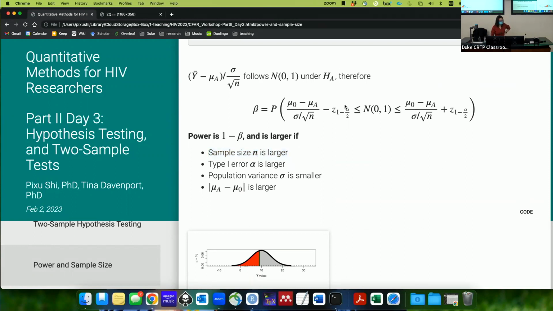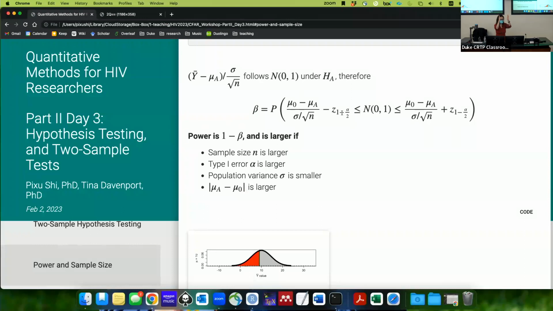And here, the alpha, if you have a larger type 1 error rate, instead of 1.96, suppose you have 1.65, then the band here will actually be narrower.